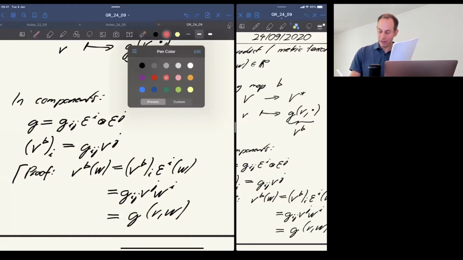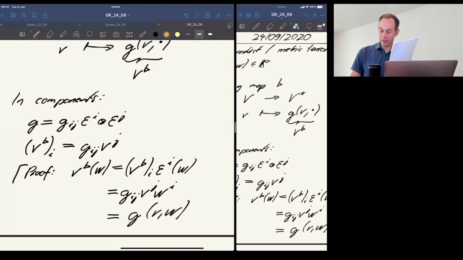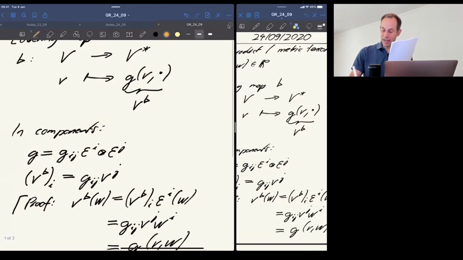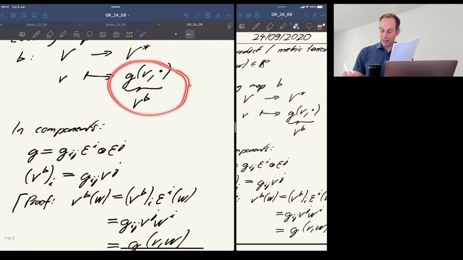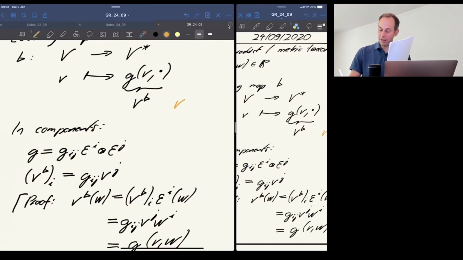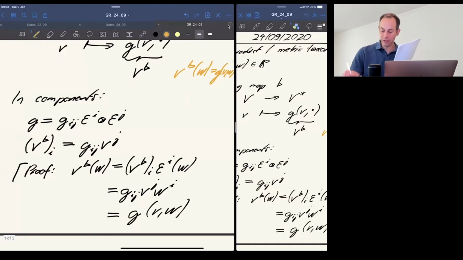So remember, what this here tells us is essentially that if I take V♭ and apply it to some W, I should get G(V,W). That's what this definition means of the map ♭. And indeed, that's what I got here in this proof.